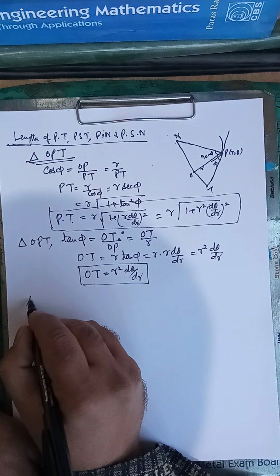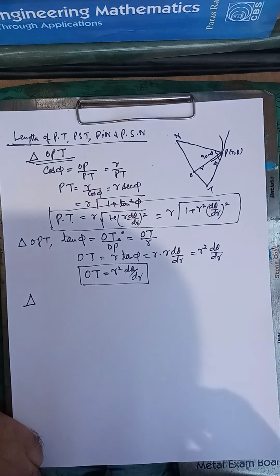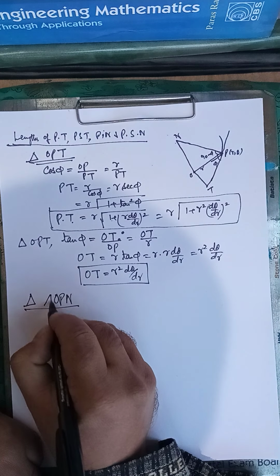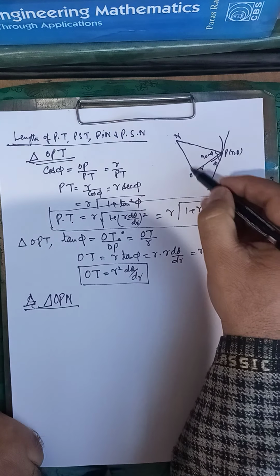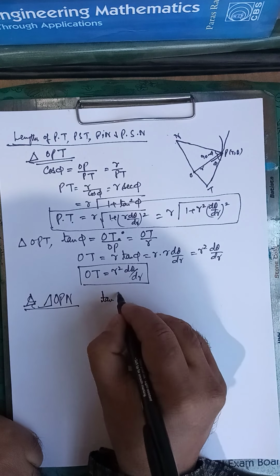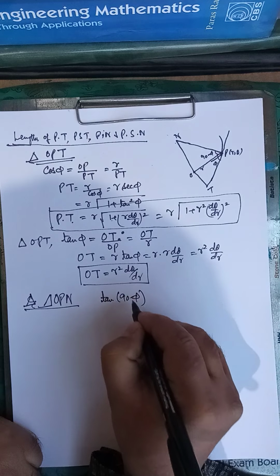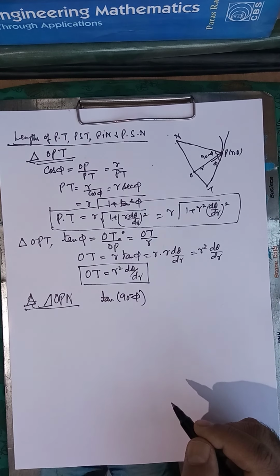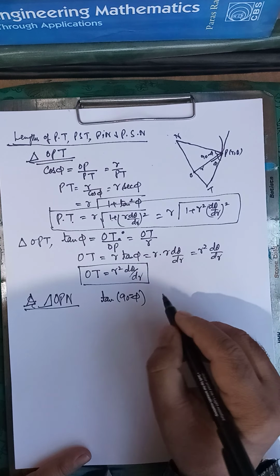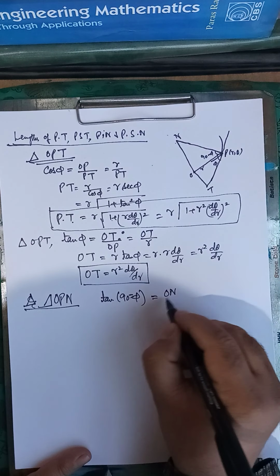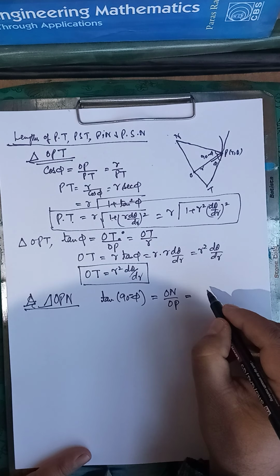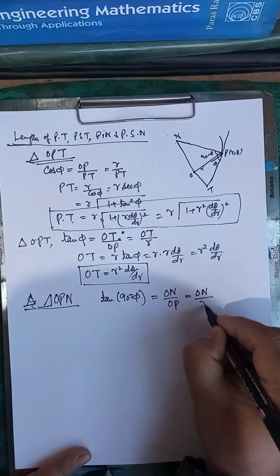Again, from the triangle OPN, this triangle, what is tan of 90 minus phi? Yes, perpendicular by base, ON by OP. This is ON by r.